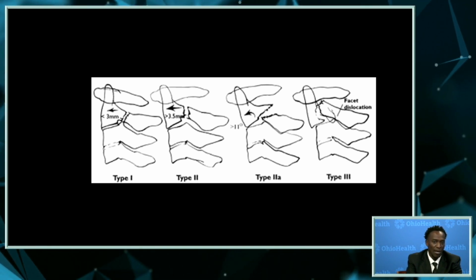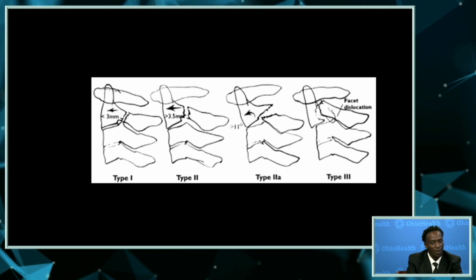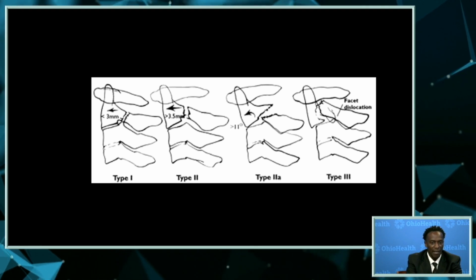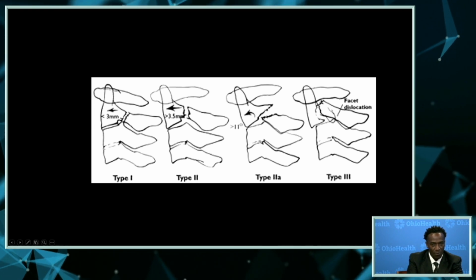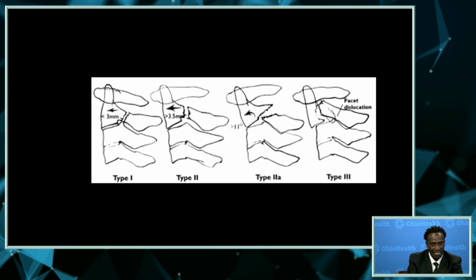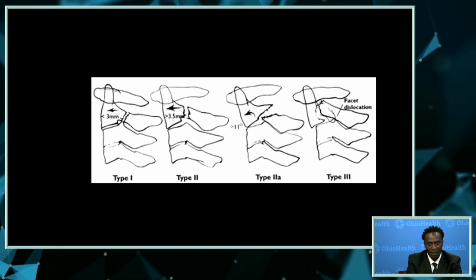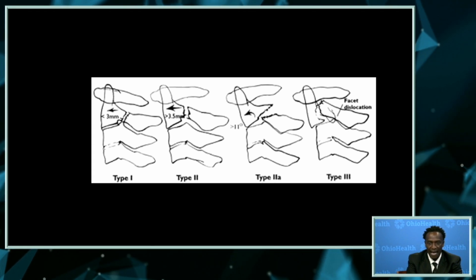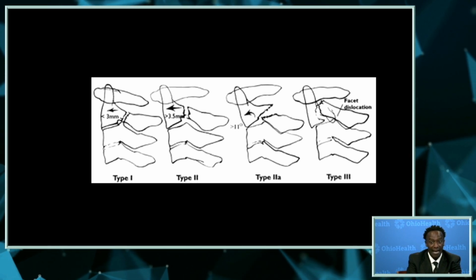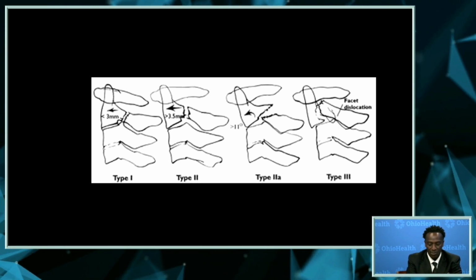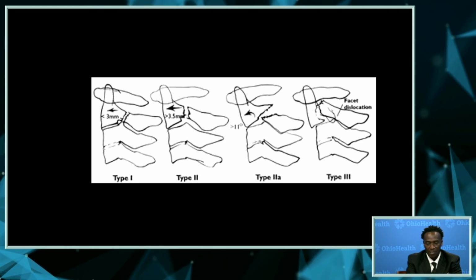With type 2, you start having disc disruption at the C2-3, and you can see here in the type 2, this patient is starting to have a little bit of listhesis and angulation. Then at the type 2A, the angulation is greater than 11 degrees. And then type 3, now we start having facet dislocation as well.